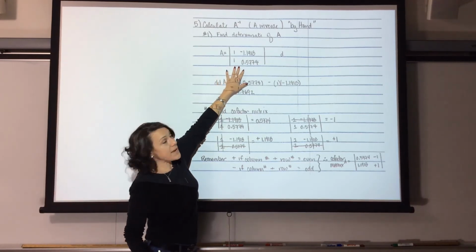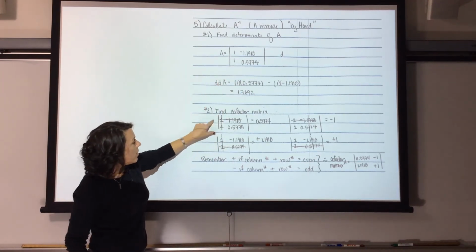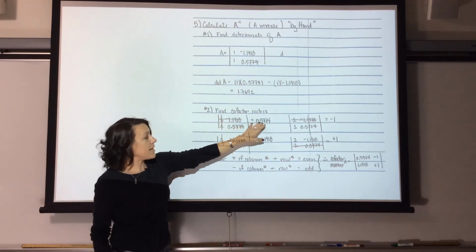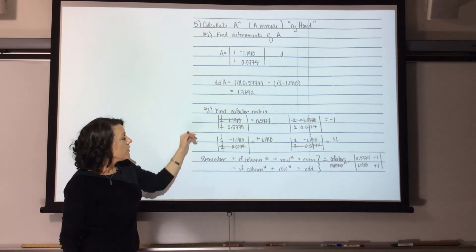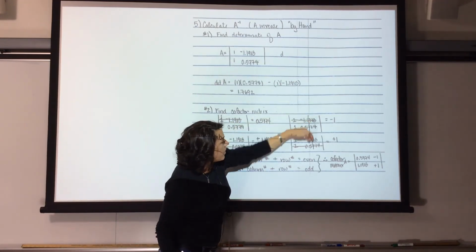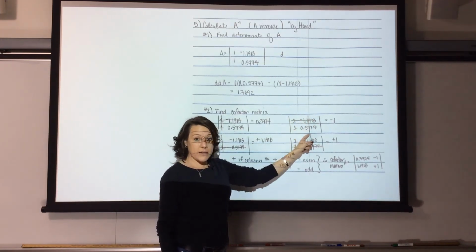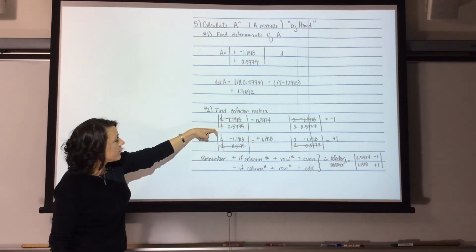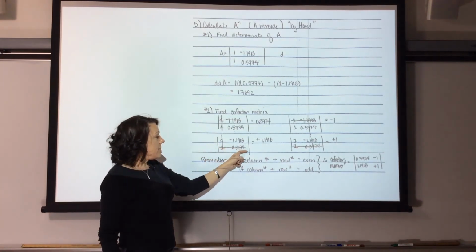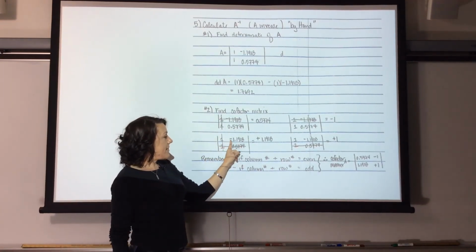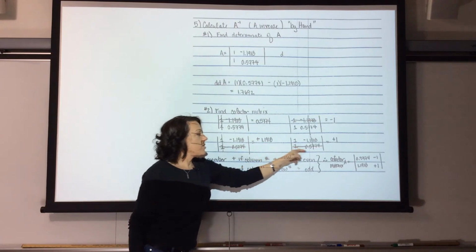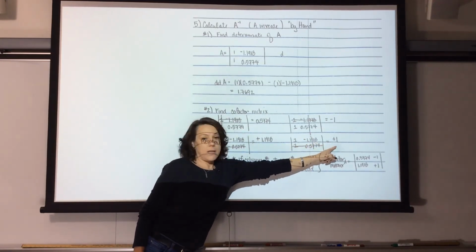So we write down our matrix A, and row, column, positive number stays positive. We've got row 1, column 1, but this one is going to be negative because it's 1 and 2 making 3. Now we've got 2 and 1, again, negative becomes positive, and then 2 and 2 becomes positive.